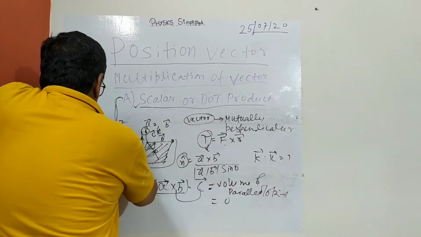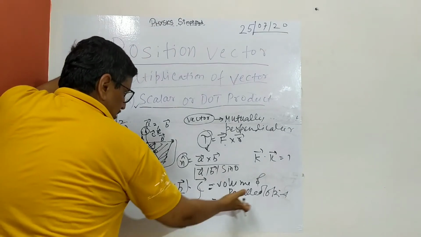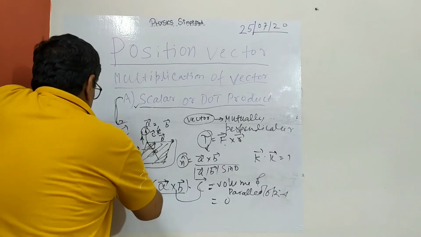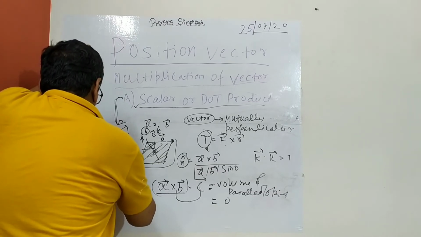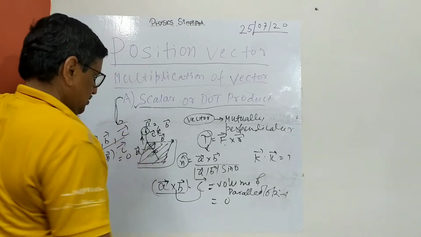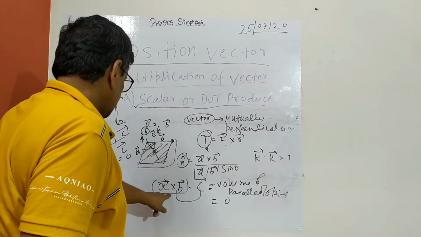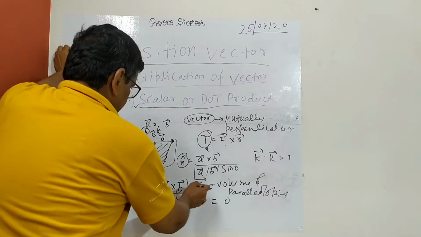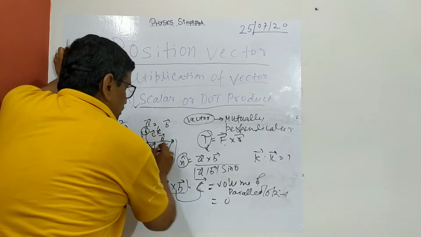If you are given three vectors A, B and C, and you have to either calculate the volume or show that they are coplanar, then you can say A cross B dot C is 0, because the cross product vector will be directed along this, and if C is coplanar, like in this XY plane, then this dot product is 0.